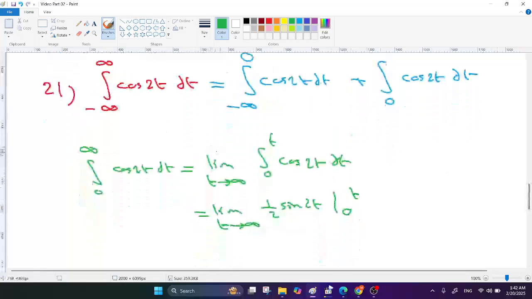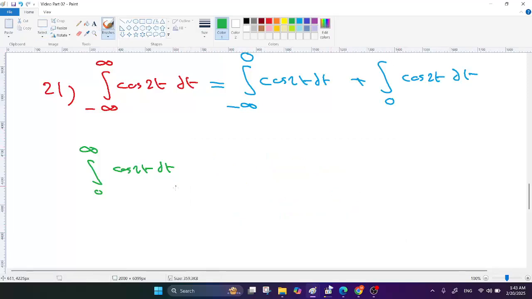Let's use another variable instead of t approaching infinity, because we have t already here. So let me delete it and write it in a better way: the limit as m approaches infinity.